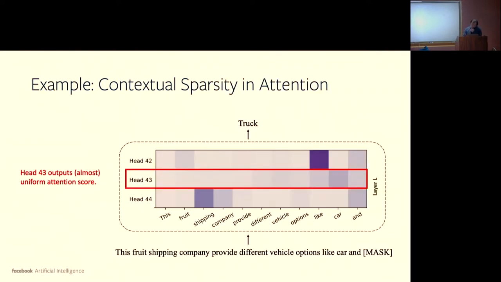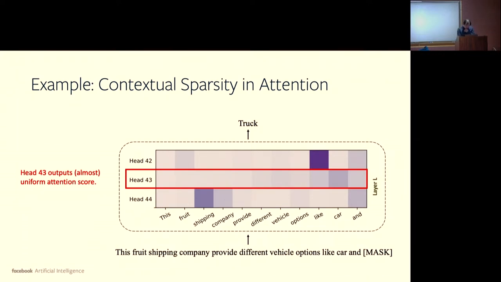So in order to solve this problem, we propose what is called Déjà Vu. That paper basically tells you how we can predict which heads are not activated during feed-forward inference. For example, head 43 is not activated. It's basically giving you a uniform distribution across tokens, while heads 42 and 44 have very clear patterns and a very clear focus in their distributions.